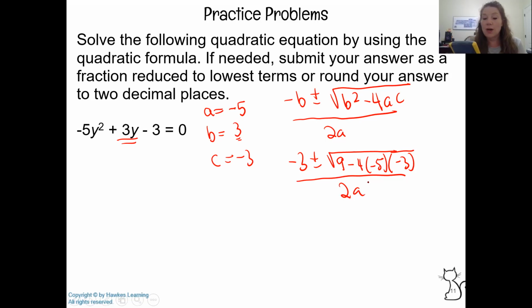All right, so under our radical, I start that with my calculators. 9 minus 4 times -5 times -3, and I get a negative number. Well, it depends on the directions. When you get a negative number under the radical, that means that you will not have your parabola.